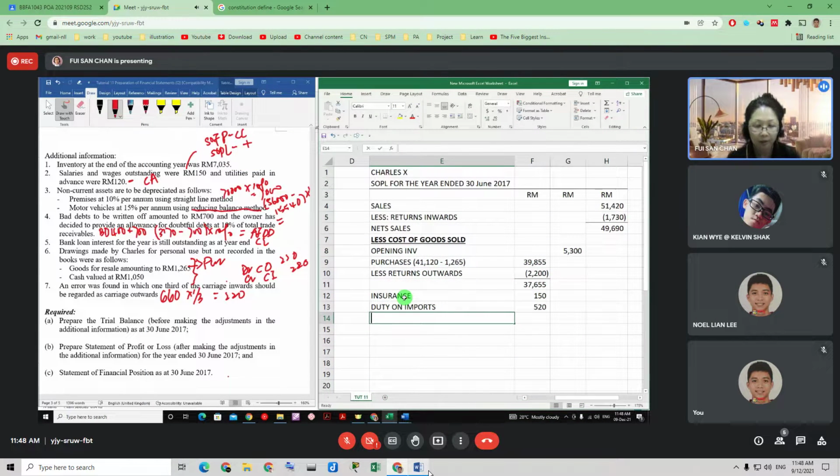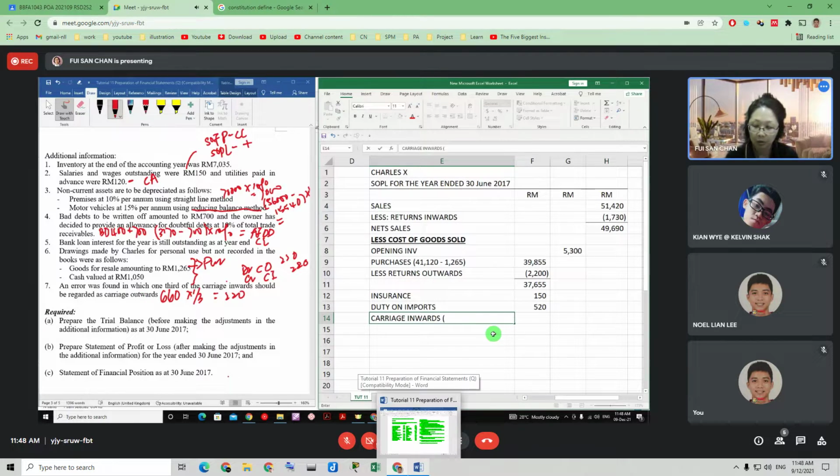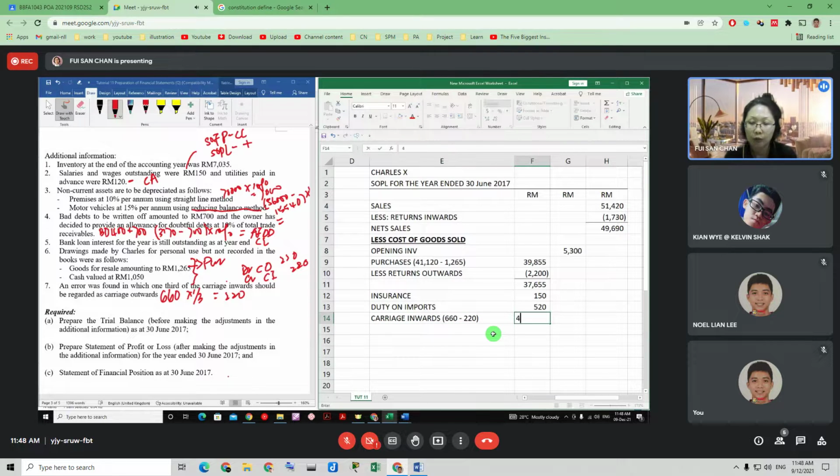And don't forget carriage inwards. Remember, we have to consider this adjustment. Initially it's 660, we need to minus 1/3, which is 220, so it comes out to be only 440. Any questions so far?